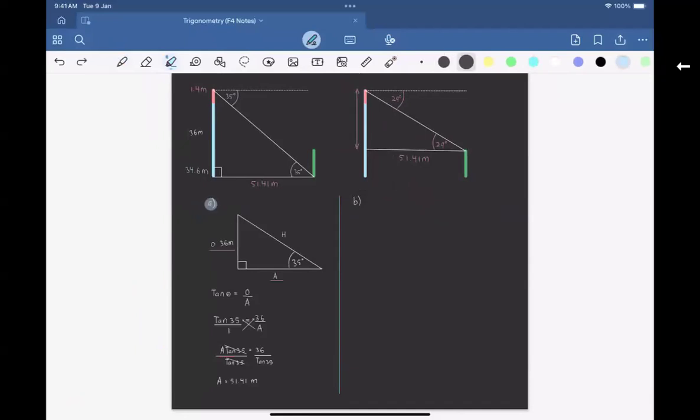Yeah, so we're trying to find the height of the tree. How do you propose I do that? Well, we know the total length of the building and the woman is 36, right?